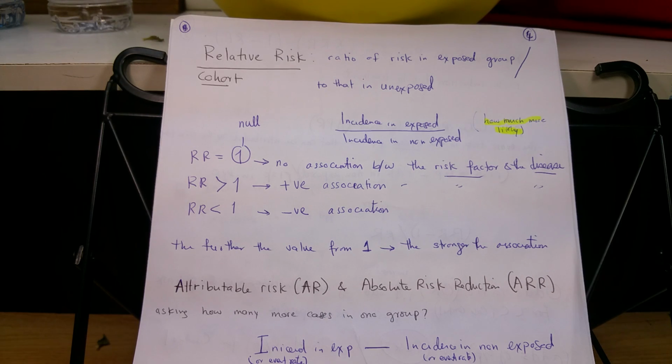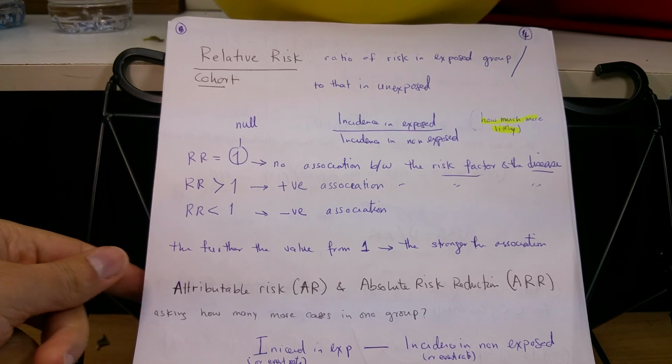We talked about how we calculate the relative risk: incidence in exposed divided by incidence in non-exposed. The null is 1, so there's no association between the risk factor and the disease. If the relative risk is more than 1, there is a positive association between the risk factor and the disease. If it's less than 1, there is a negative association.